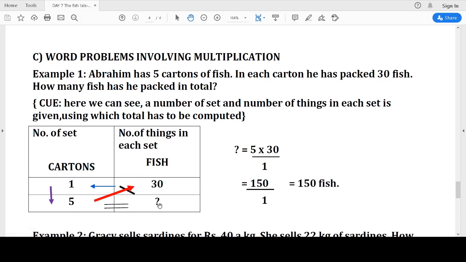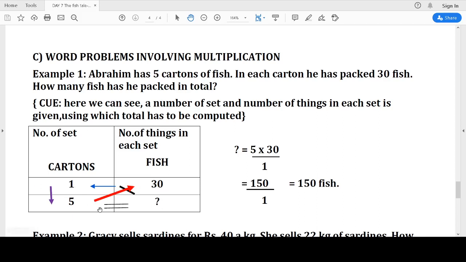So question mark is equal to 5 into 30 divided by 1. See once again how we follow: question mark is equal to 5 into 30 divided by 1.